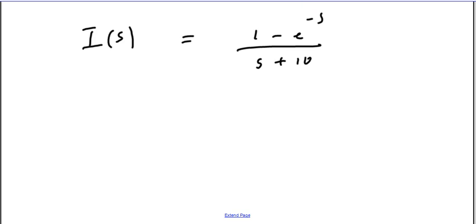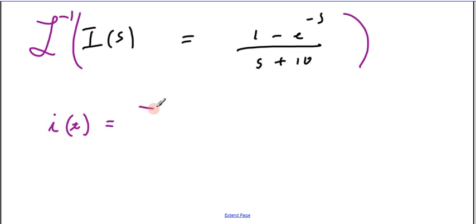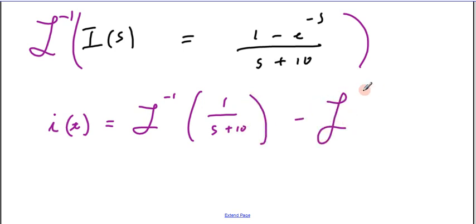Okay, now I'm going to take the inverse Laplace transform of both sides, and I'm going to get i of t is the inverse Laplace transform of 1 over s plus 10 minus the inverse Laplace transform of e to the minus s over s plus 10.